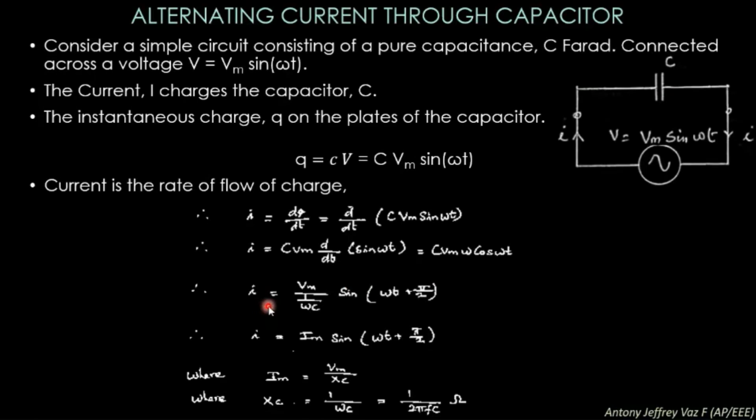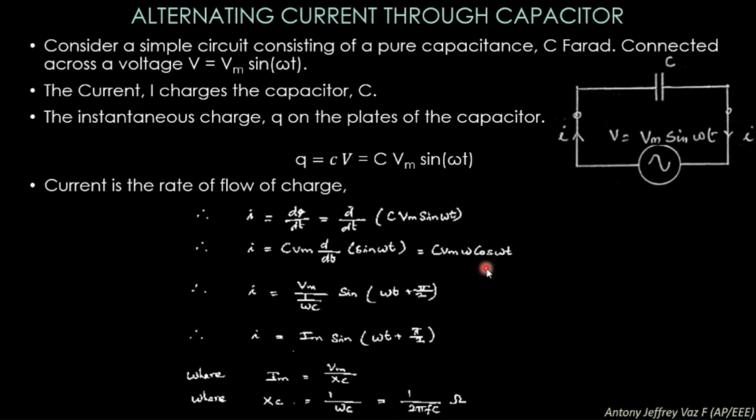Okay, so we get I is equal to Vm by 1 by omega c into sine omega t plus pi by 2. So we are converting the cos omega t into a standard sine form. What you need to do is sin omega t plus 90 degree, which is nothing but pi by 2.